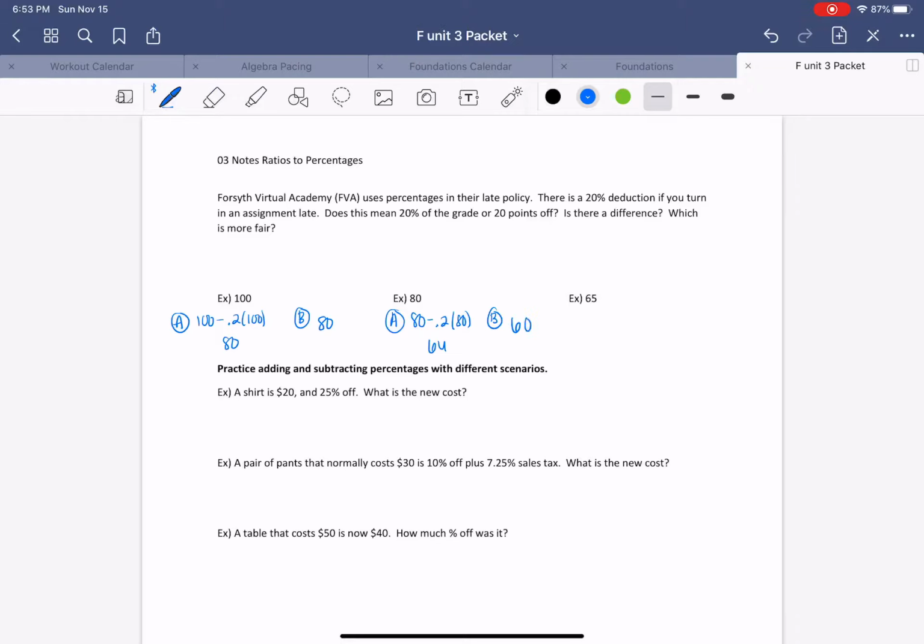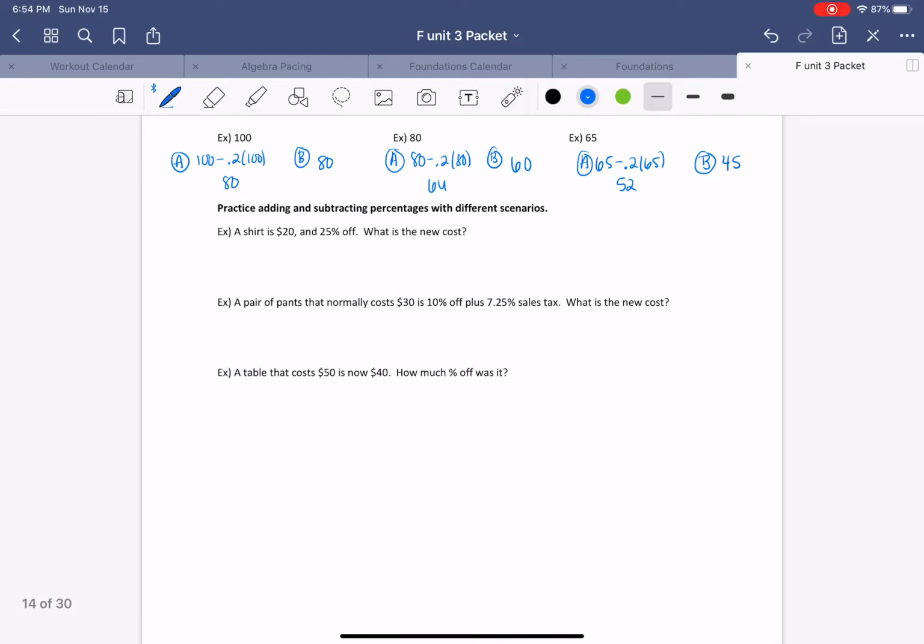Okay, looking at this third one. So that would be a 52, but with the other policy, it'd be a 45. Okay, so I want you to think, is there a difference? Which is more fair? So on and so forth.